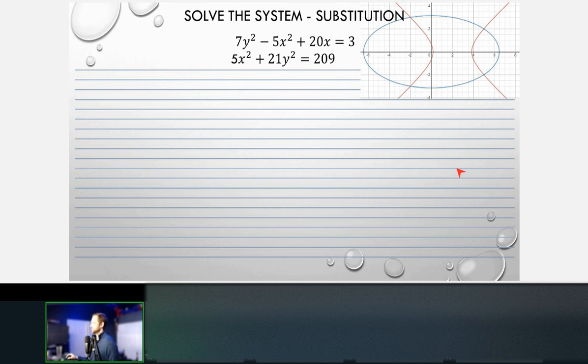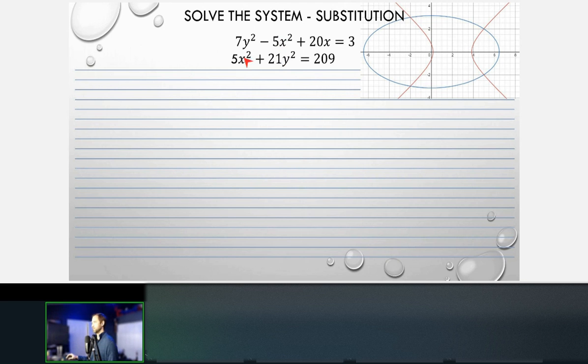Add both equations. Yeah, so here's a problem. Remember we're using substitution, but it looks like you want to use elimination. If you combine these together, we're going to have 7y squared plus 21y squared is 28y squared.